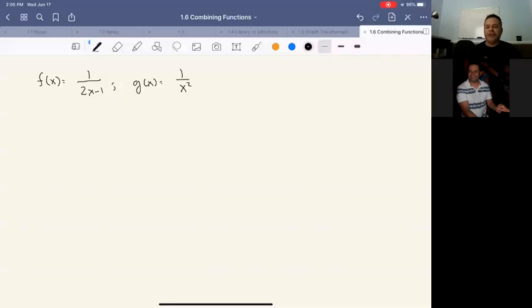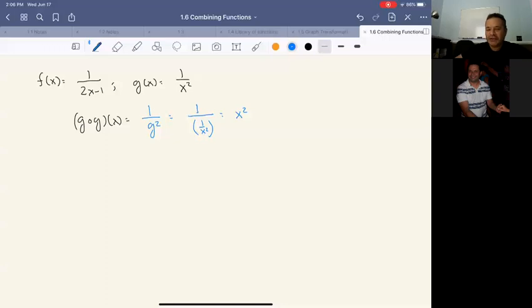Let's do g following g. G following g of x is going to be 1 over g squared, equals 1 over 1 over x squared, which is x squared.